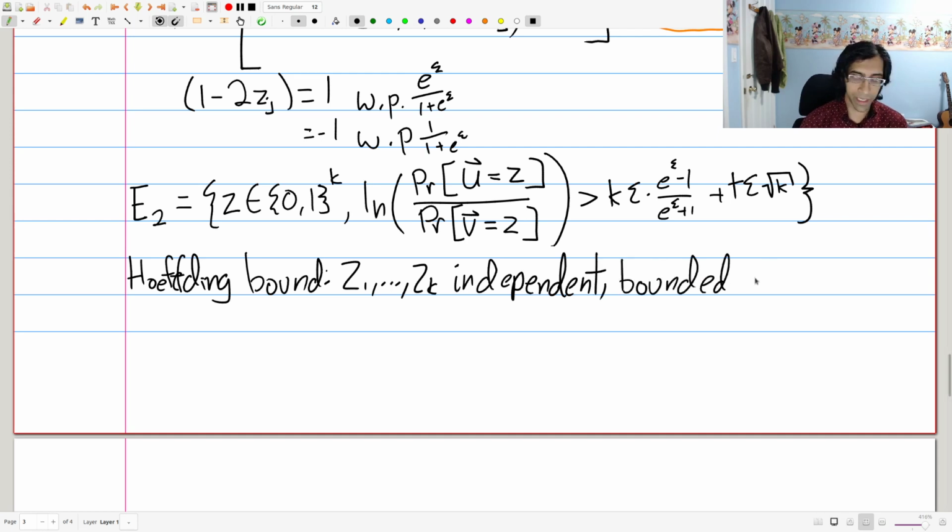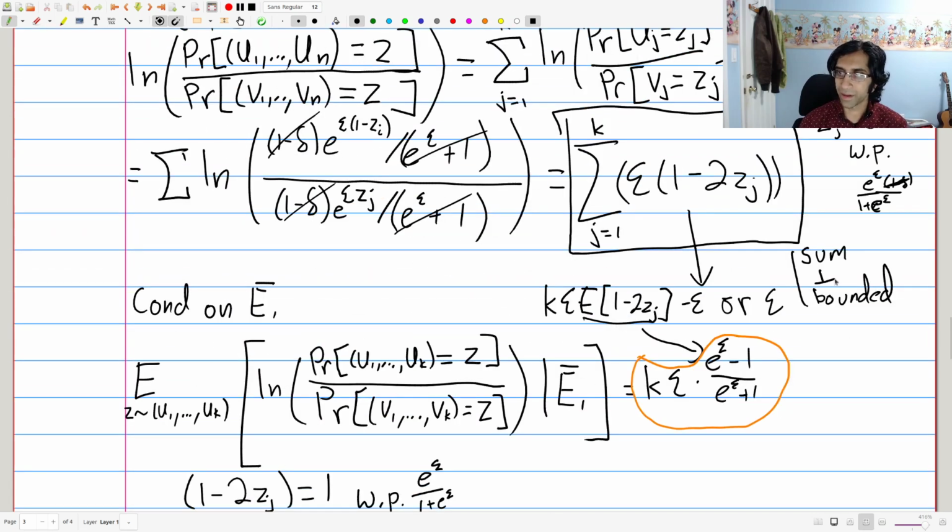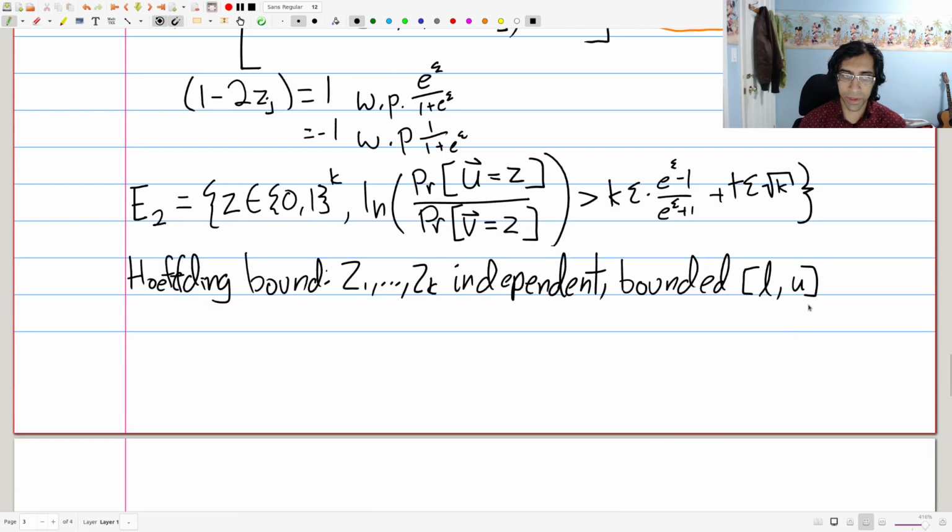That is, each of them is in the range [L, U]. So remember: independent, bounded, and we're going to have a sum. This is exactly the three things that I said would hold, and these are the useful properties we have.